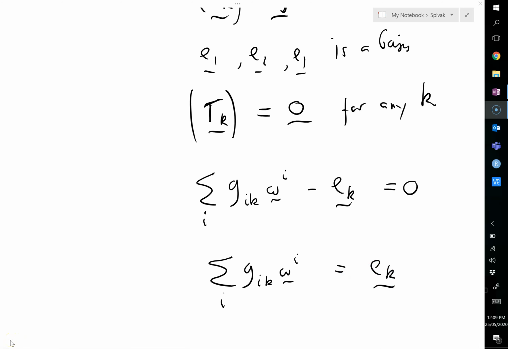And you'll remember what I want to do is to link g with two downstairs indices to g with two upstairs indices. I've got my g with downstairs indices. I need somehow to create a metric tensor with two upstairs indices. And what do we know about the upstairs indices?